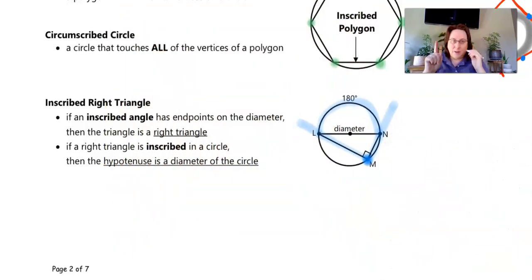So let me backtrack again. We said that the inscribed angle has a relationship with that intercepted arc. So right here, this arc is 180 degrees. So that means that the inscribed angle has to be half of that, which means it has to be 90 degrees.